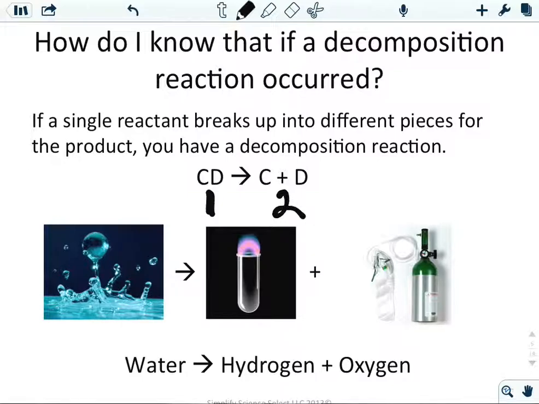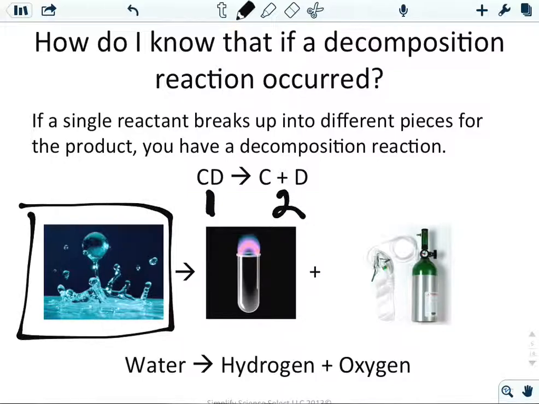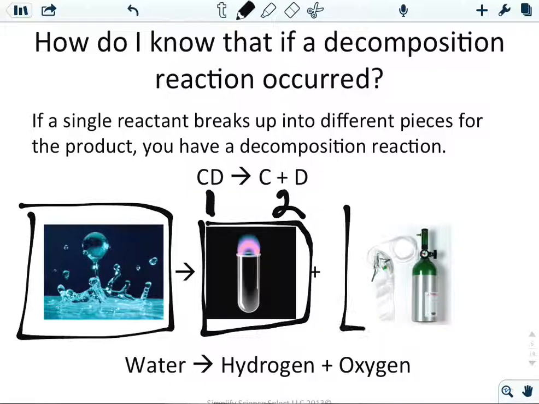In this case we take water and break it up into hydrogen and oxygen; here's a picture of hydrogen and a container of oxygen. Water is H2O, made of hydrogen and oxygen, and we break it up through electrolysis. We run an electrical current through it and we get our hydrogen and our oxygen. So it decomposes, it breaks into its pieces. It goes from one thing to two things.